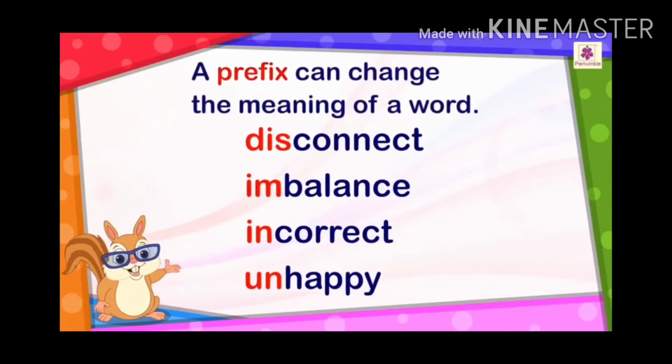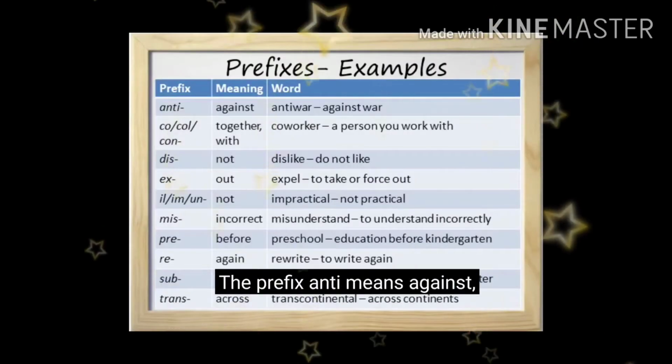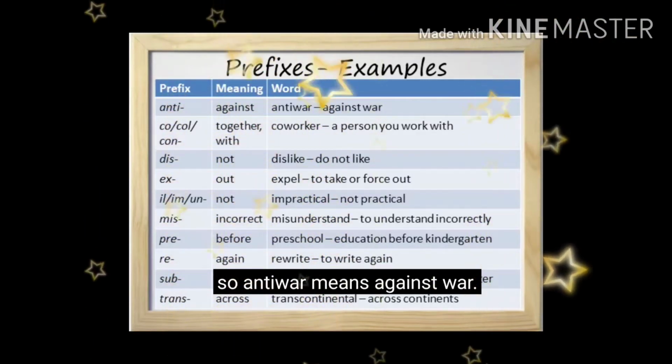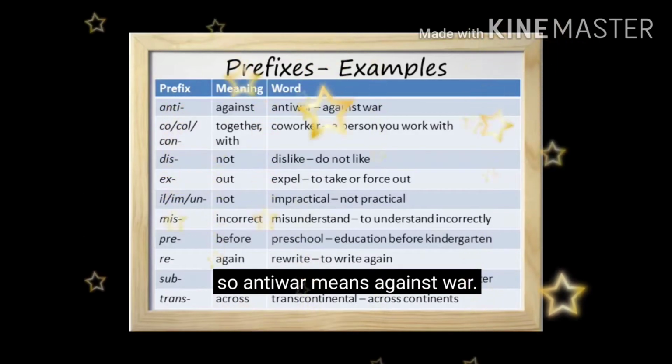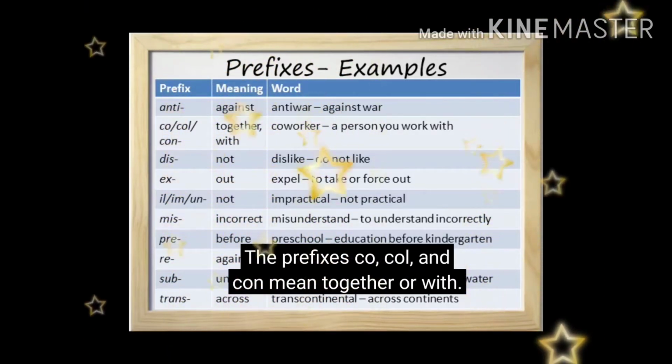Remember, a prefix can change the meaning of a word. Some antonyms are formed by adding prefixes to words. The prefix anti means against, so anti-war means against war. The prefixes co, col, and con mean together or with.